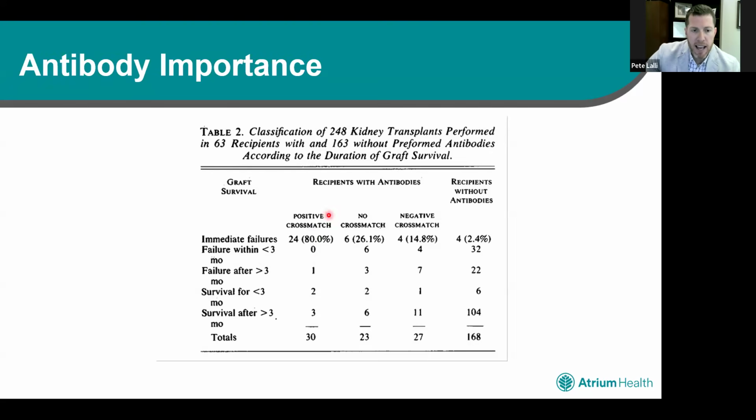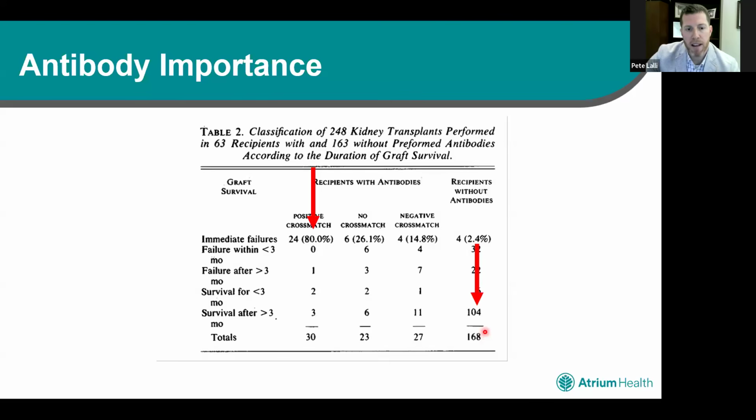And what they were able to find is that when they looked at patients that had a positive cross-match before transplant, those grafts failed immediately or within at least the first 3 months. However, if the patient had a negative cross-match, so no antibodies against that donor, their grafts survived. So when we look at the numbers here, it's really staggering to see that if you have antibodies against your donor, you're probably not going to have that graft survive.